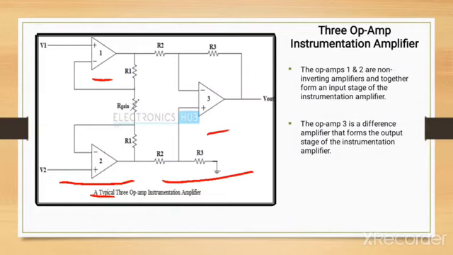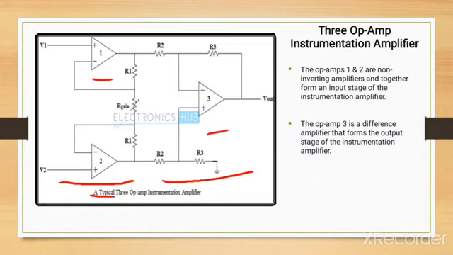So what is a difference amplifier? It gives the difference of the 2 input signals, amplified, with common mode signals like noise rejected. On the input side, the inputs are given to the non-inverting terminals of both operational amplifiers.